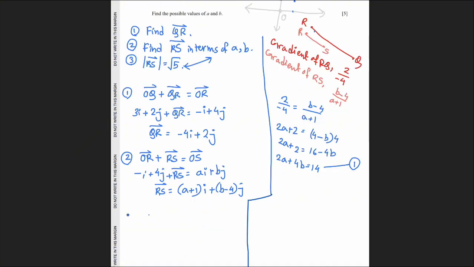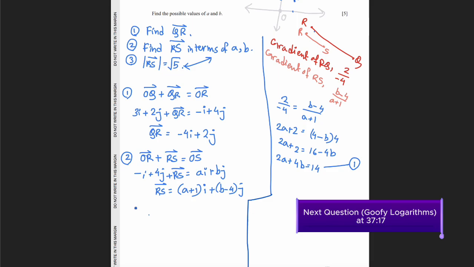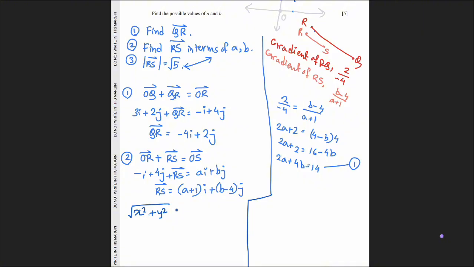Now the length of a vector is calculated by the x shift squared and the y shift squared, and we take the root, and that is the length of a vector. Now the x shift is here and the y shift is over here. So let's insert the values.